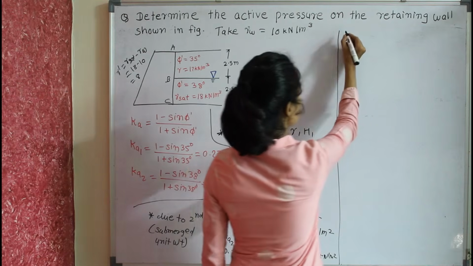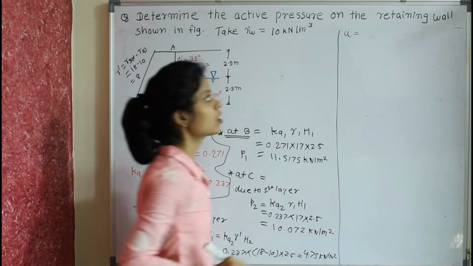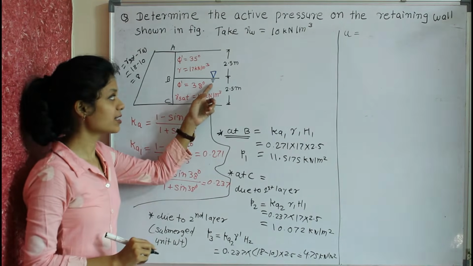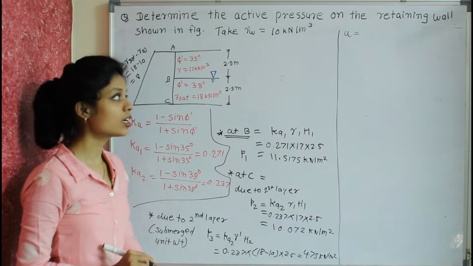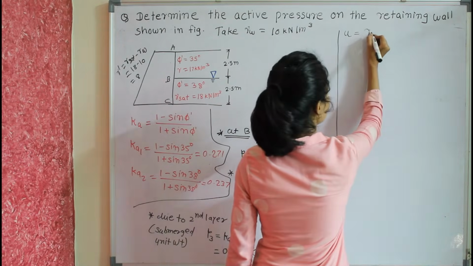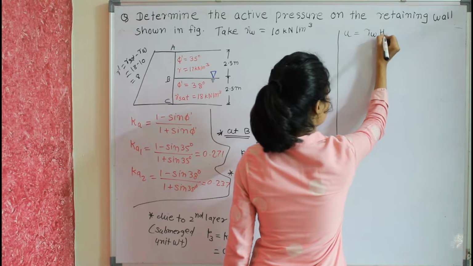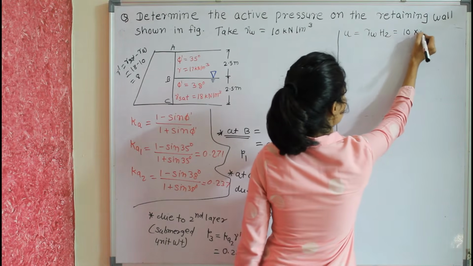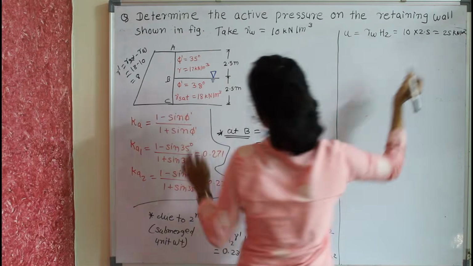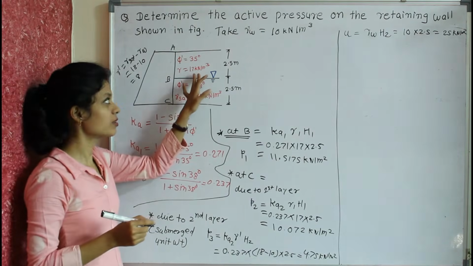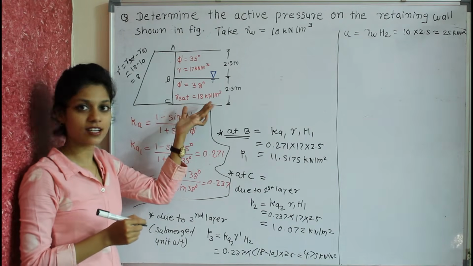Next, U. You can see here water table exists at second layer. Therefore, pressure due to this water is unit weight of water into thickness of second layer, 10 into 2.5 equal to 25 kilonewton per meter square due to this water. Okay, water exists only at second layer, not in first layer.